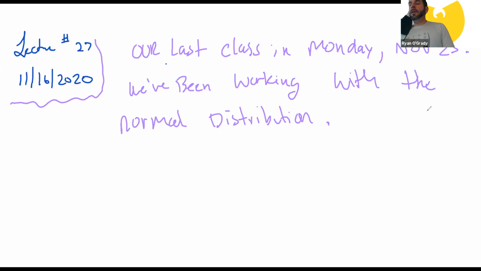The central limit theorem says we can look at a bunch of different samples, and if we study those samples and average them out in some sort of way, then they exhibit behavior that seems to be normal.